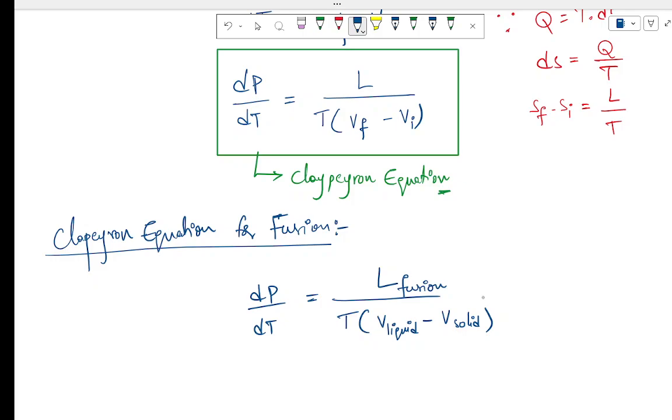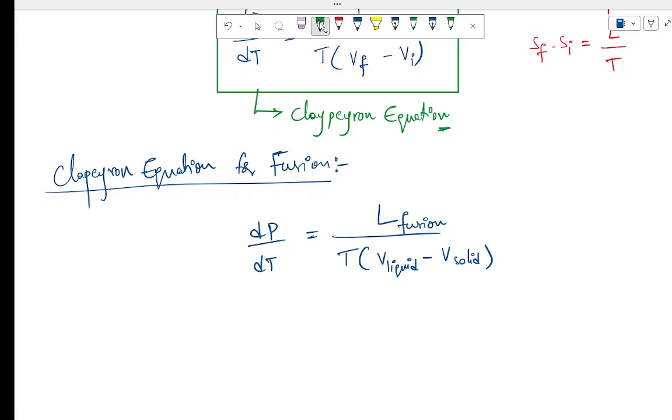In fusion it will happen between liquid and solid, so that's why I have written it as liquid and solid here.